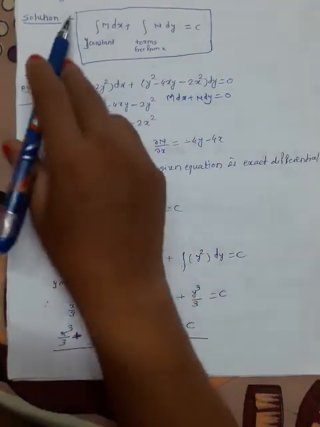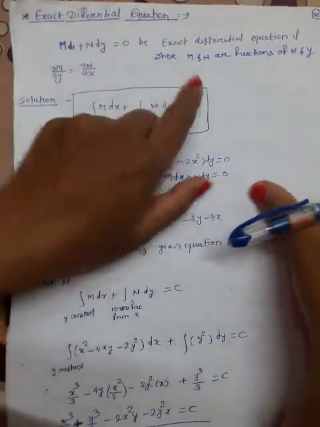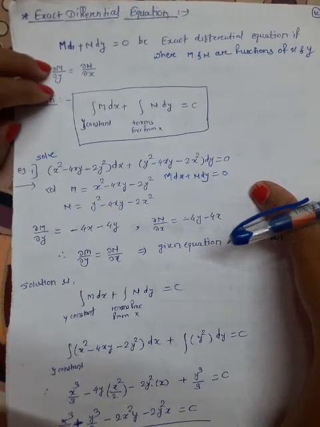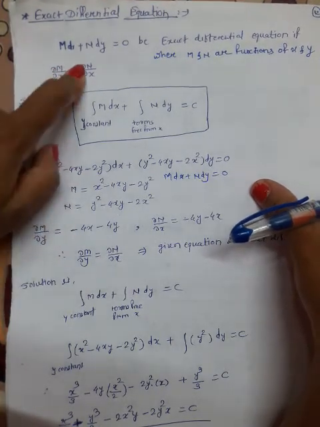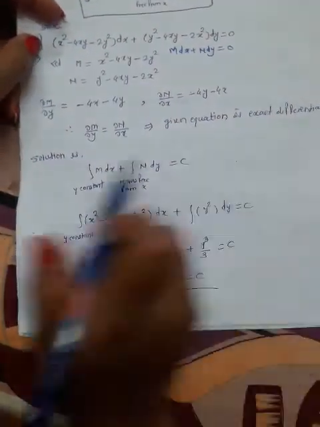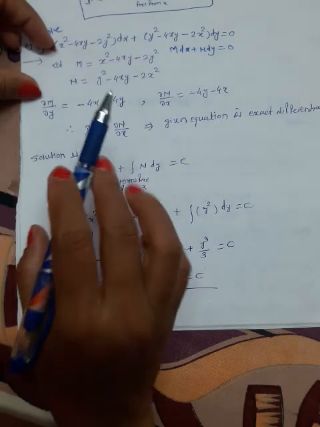Now the next step is to check whether the given differential equation is exact or not. You have to check this first condition. For that we have to take the derivative of M with respect to y and the derivative of N with respect to x and check whether these two are the same or not. Now for dM by dy, x should be constant.